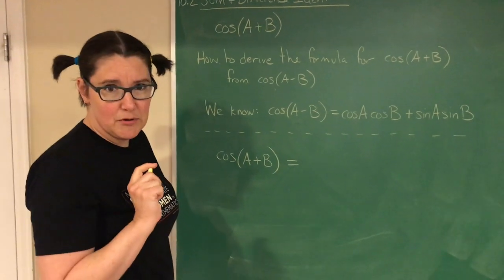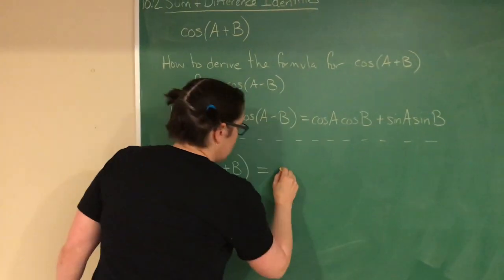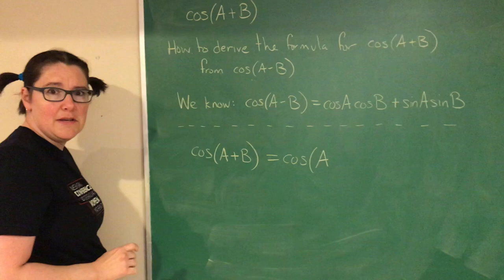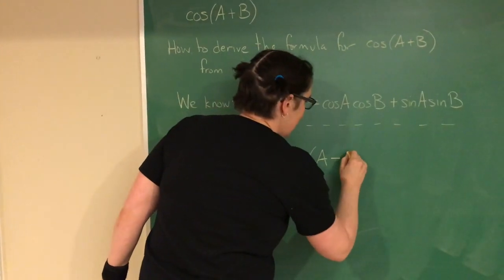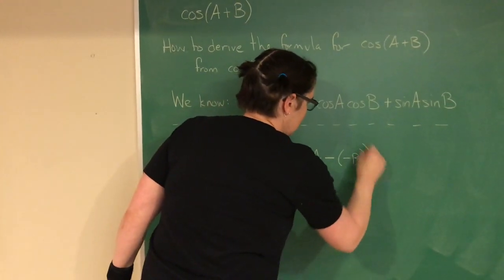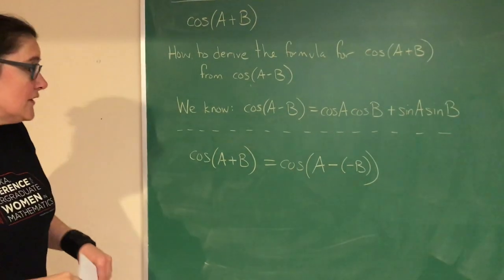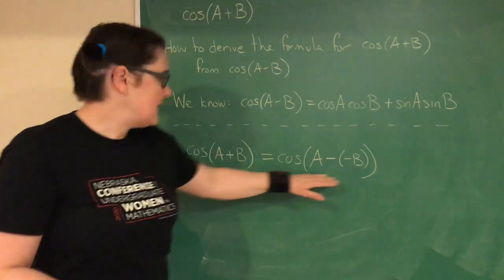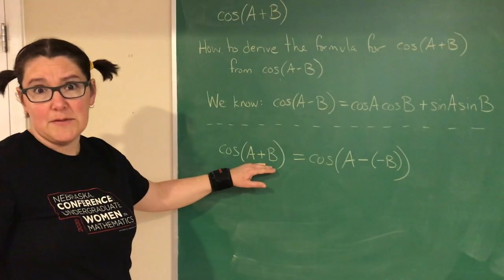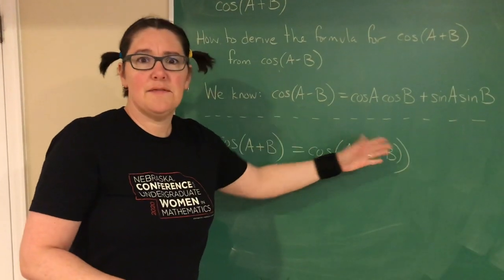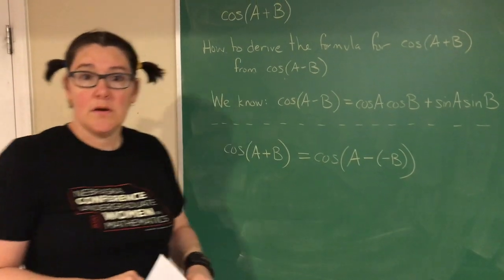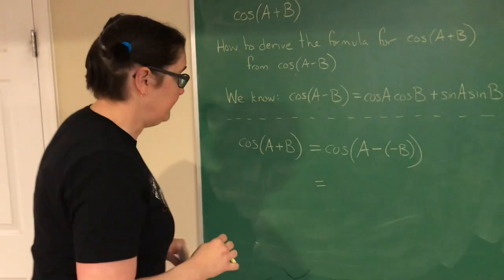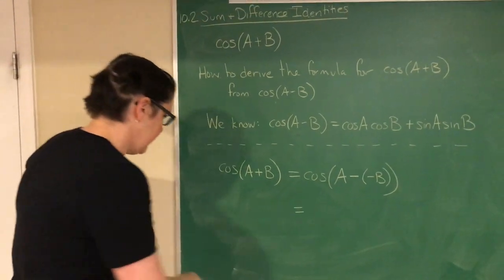I did not come up with this move, but it is clever. Instead of writing a plus b, I'm going to write a minus negative b. And you should convince yourself that a minus negative b is exactly the same as a plus b. If you have minus and negative, that turns into a plus. Okay, so having done that clever thing, here's what's going to happen.